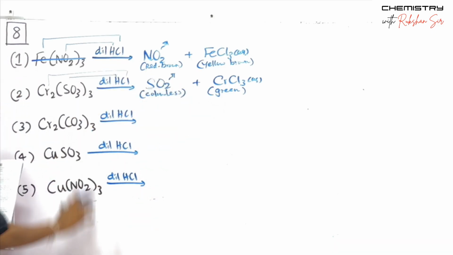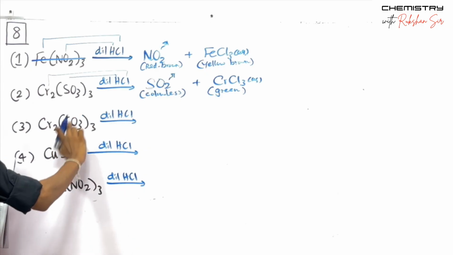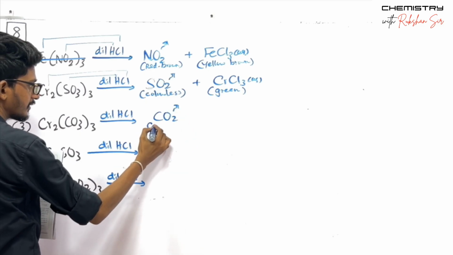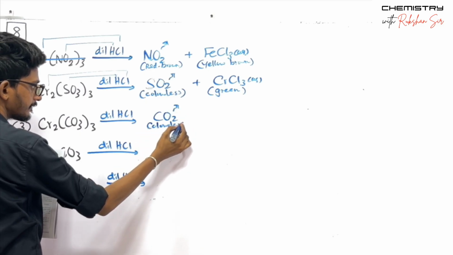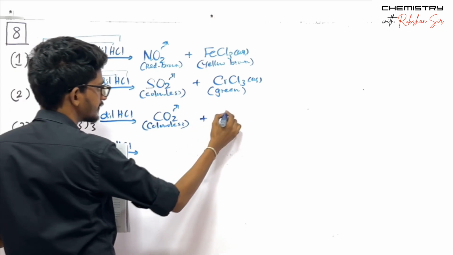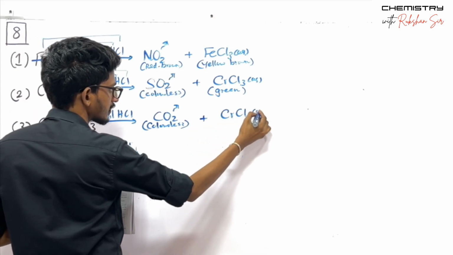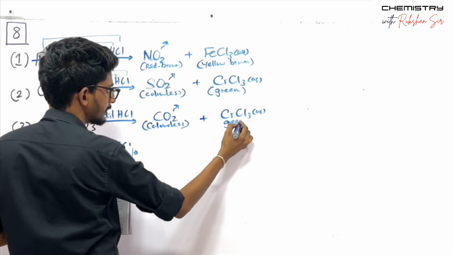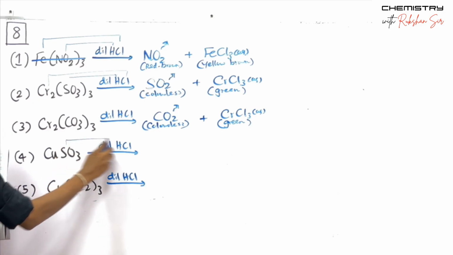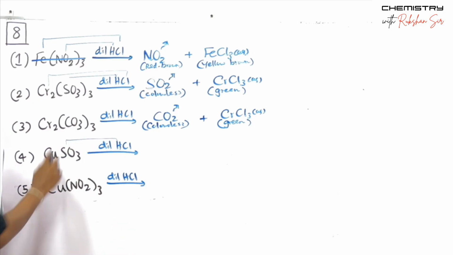Next one. Here CO2 gas will liberate with the carbonate ions, which is colorless, and CrCl3, like in the earlier case, green in color. It stands also. This one, SO2 gas will liberate with H plus and SO3 2 minus, and copper chloride.